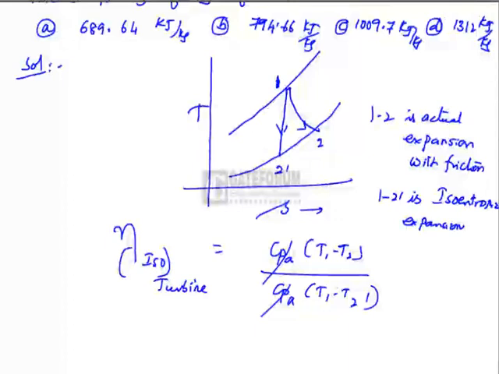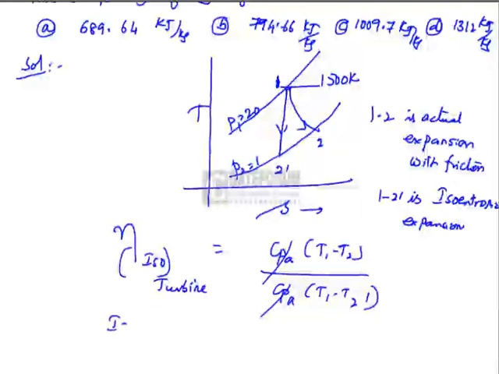We were given T1 as 1500 Kelvin, P1 as 20 bar and P2 as 1 bar. We know the pressure ratio across the turbine is 20 by 1, which is 20.